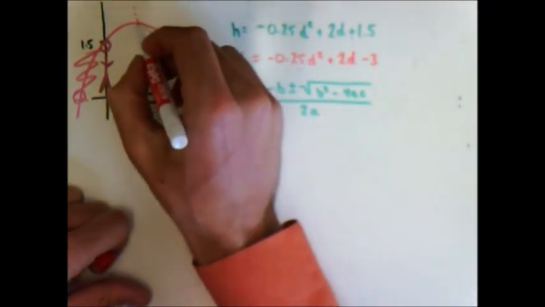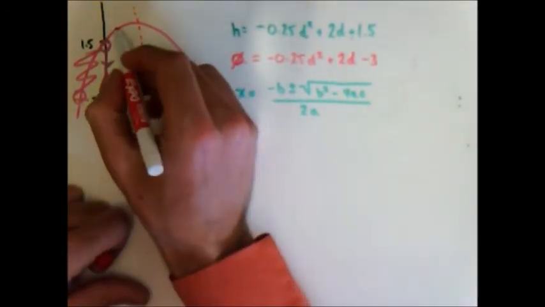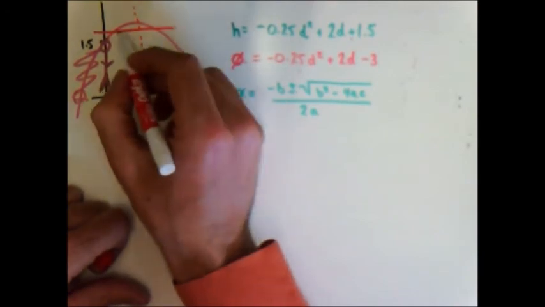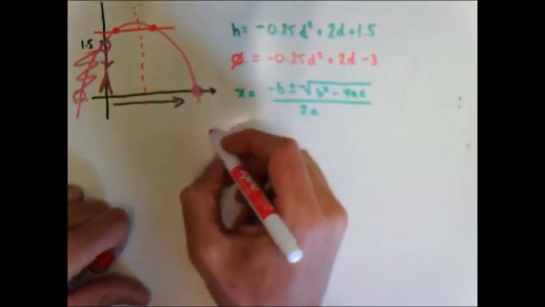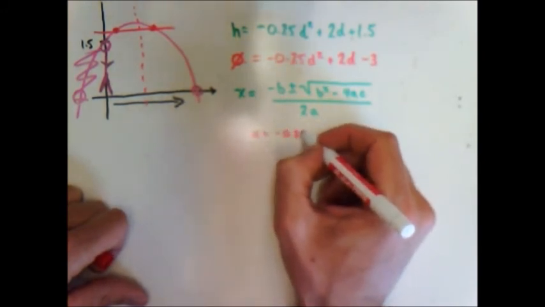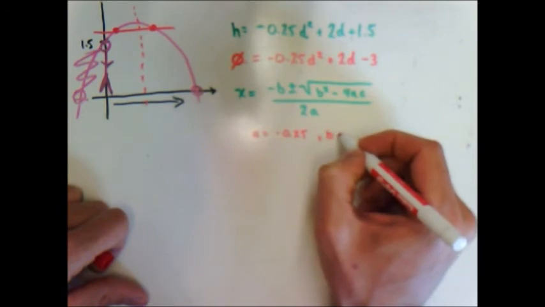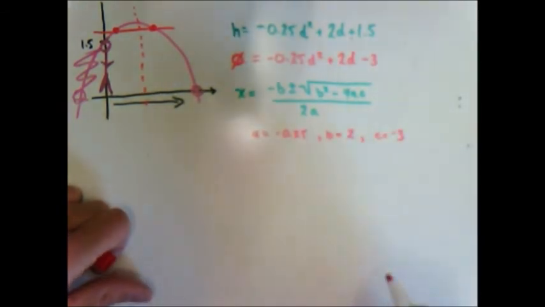Now because a parabola is symmetrical, it's likely that this is going to happen at 2 separate points. But we'll see what happens as we carry on. Alright, a is negative 0.25, b is 2, c is negative 3.